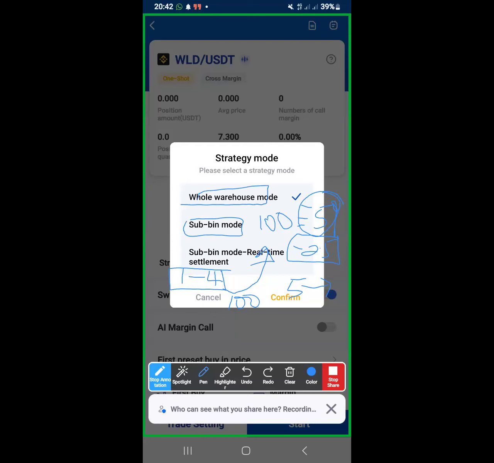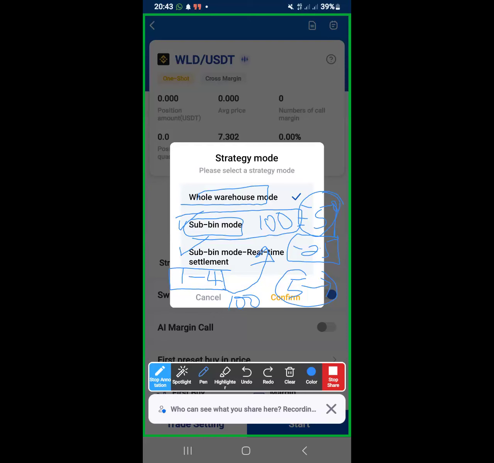But the difference is that from the 5th call onwards, for Sabine mode real-time settlement, whenever the robot buys and it sells, whatever amount was used for that position is taken back to your spot wallet, including the profit realized. Whereas for Sabine mode strategy mode, whatever amount was used on the coin and the profit realized will not be taken back. Instead, it will be retained in the coin.